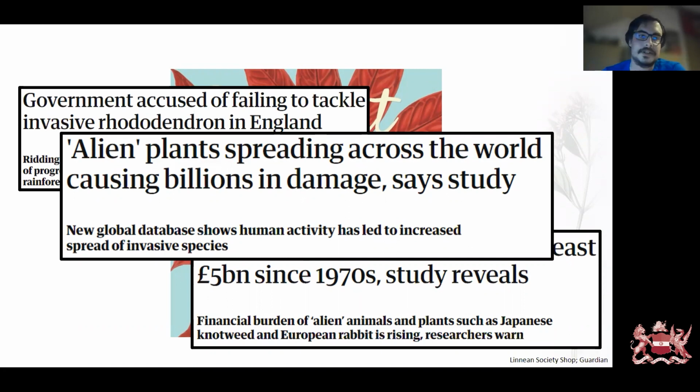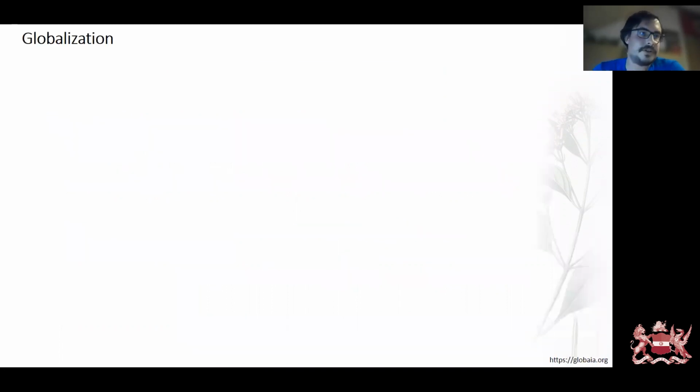And as we can see here in these different news headlines from The Guardian, for example, we have species spreading and distributed globally very prominently, having impacts on economics, on human livelihoods and biodiversity. And as this last headline shows, this is a pattern or a phenomenon that occurs all across the world. So this is really a global phenomenon. We normally talk about globalization. In most instances, we talk about the interconnection of the globe.